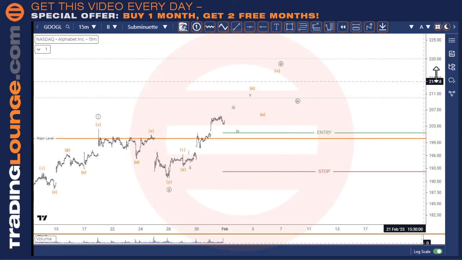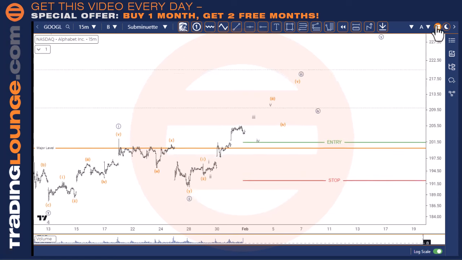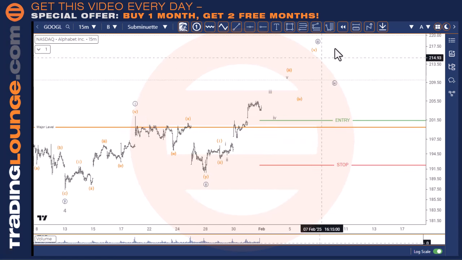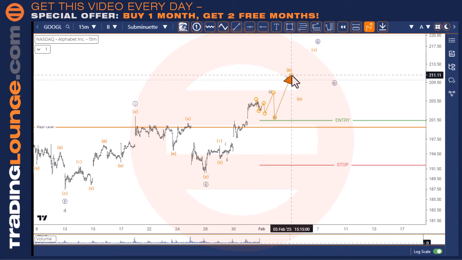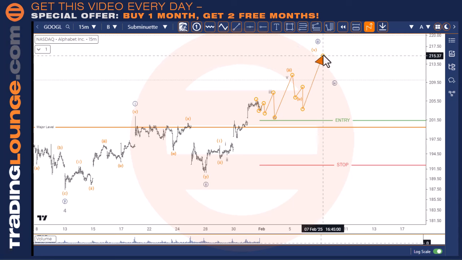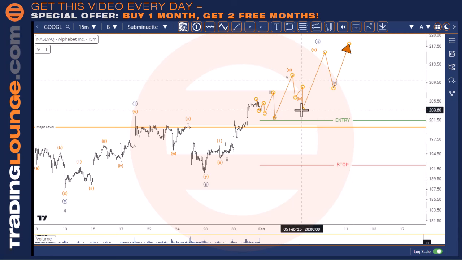Let's see how this rolls out. We might get a little ABC pattern here. I'm not quite sure, but we need 3, 4, 5 up here, and then 4 here, and then 5 up here, and so it should continue to climb up at this point.